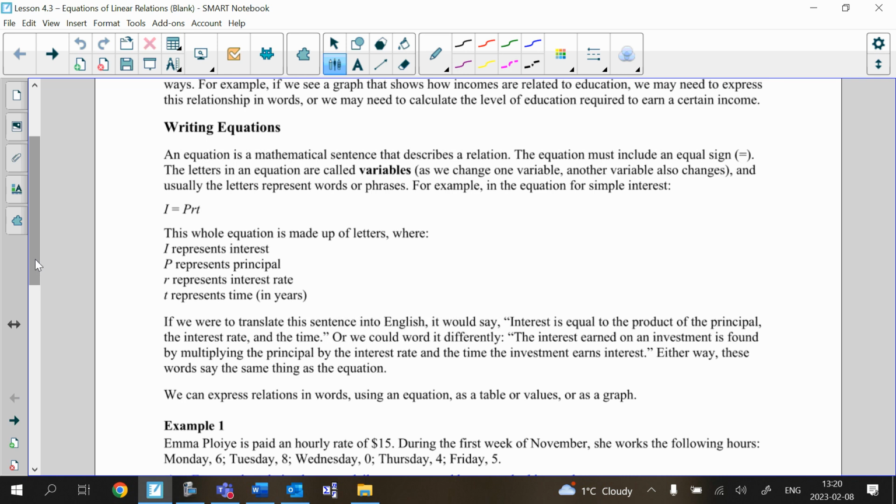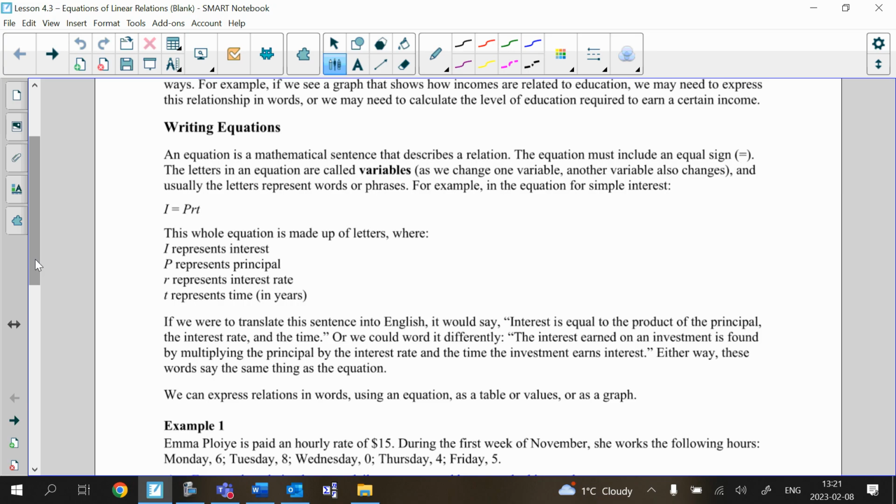And the stuff is usually letters, lowercase letters, some numbers, some operation signs, sometimes exponents. Okay, and those letters we call variables. And really, equations just let us find information.